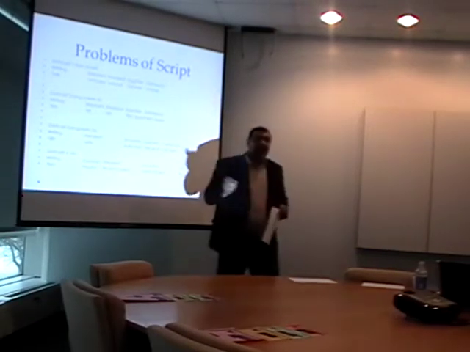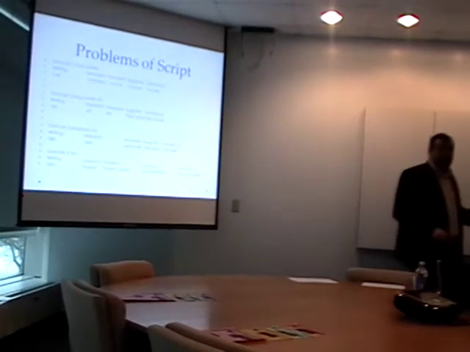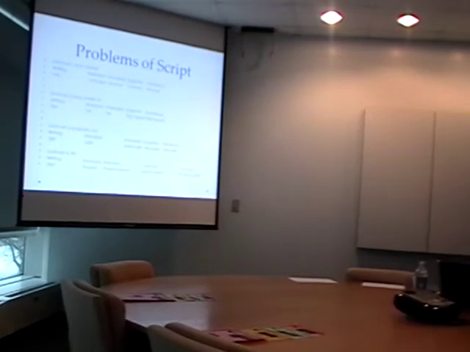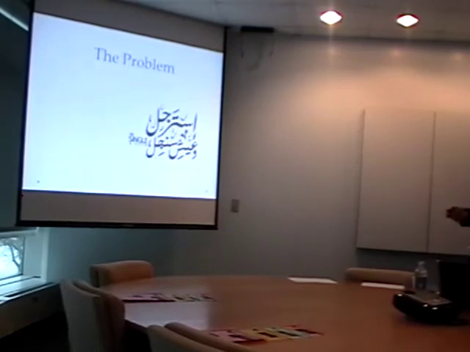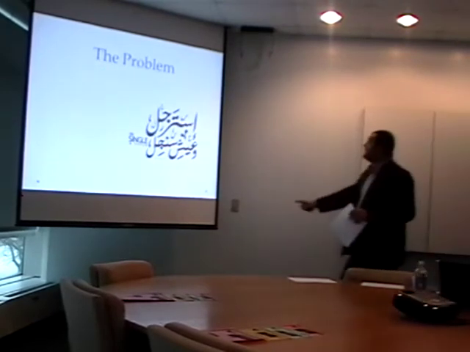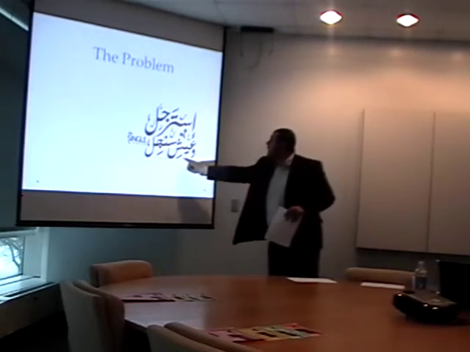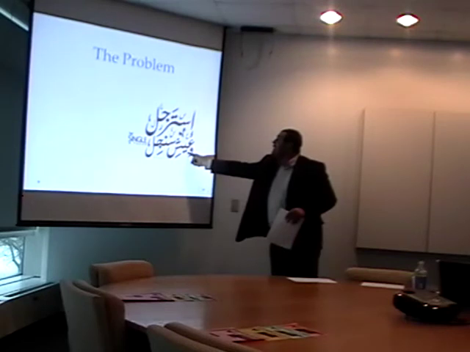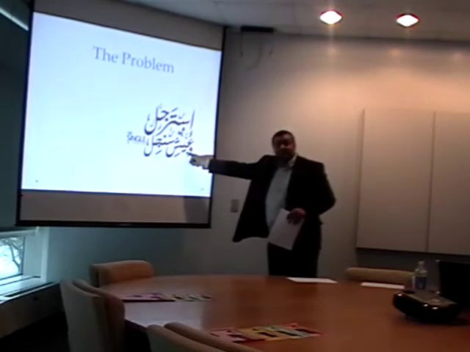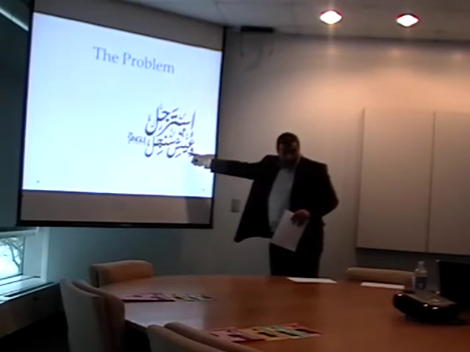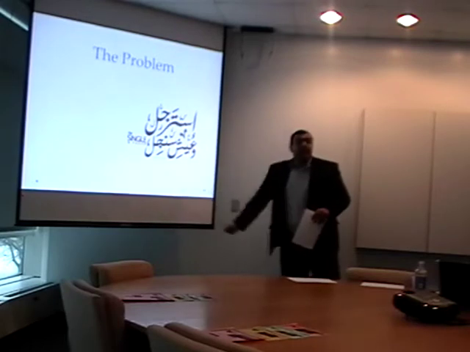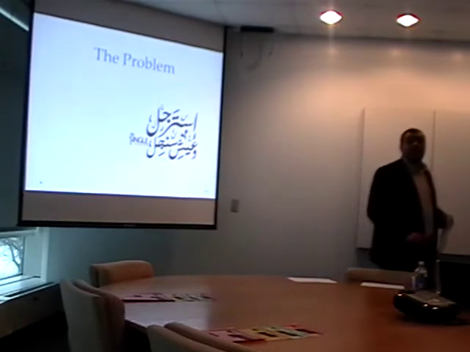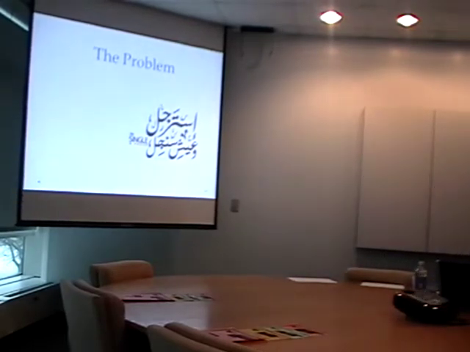This E, long vowel E, can also be read here in this example. Here's Aish. And this is the E part. You can read it as Aish, or Aish, or Aish. 3 different words, 3 different meanings.